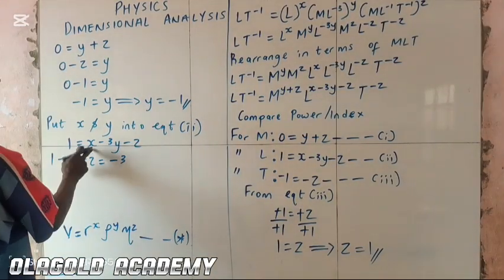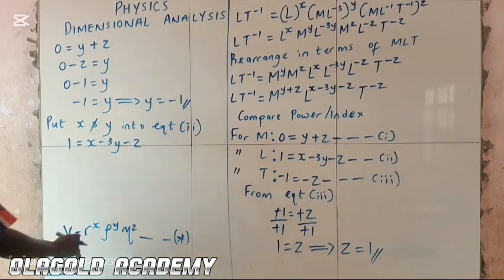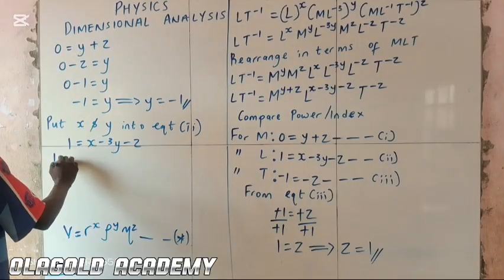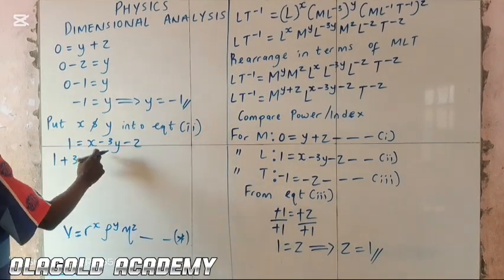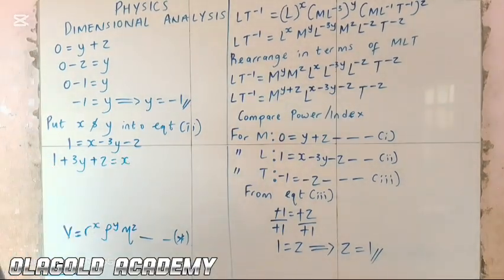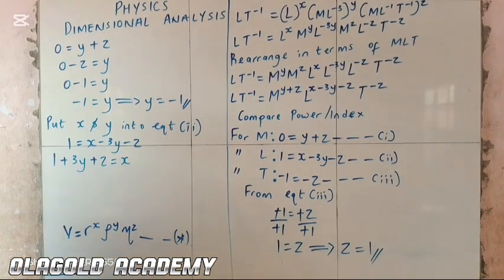We're looking for x rather. So we are going to have 1. This one becomes plus 3y. So we are having to this side, plus z equal to x. So we have this here.